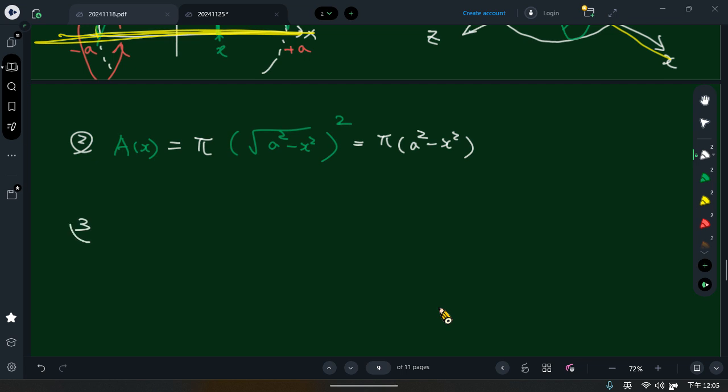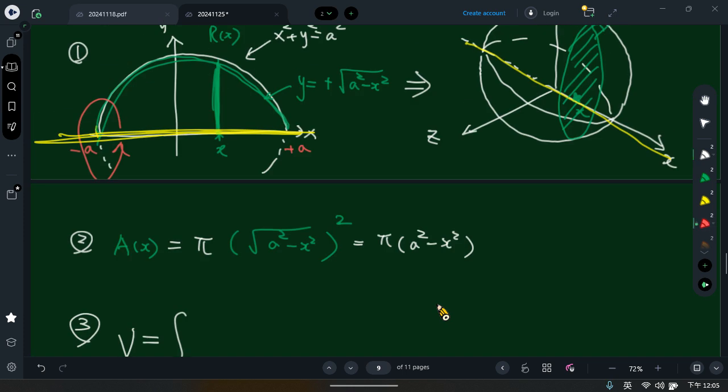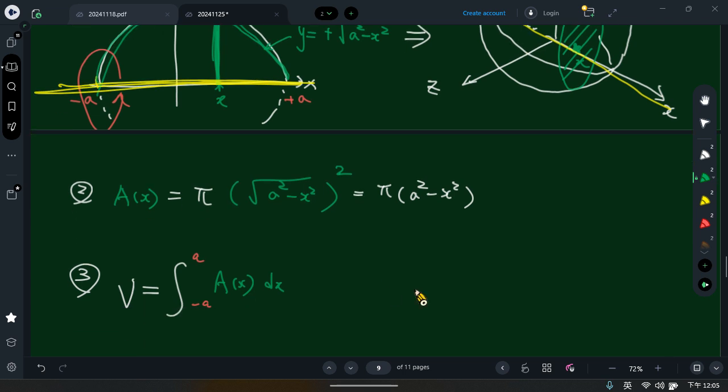So finally, if you want to get the V, it will be the integral from negative a to positive a of A of x times a small portion dx. Here we just get the area size for the typical cross section.